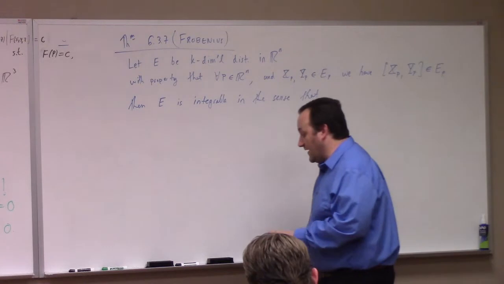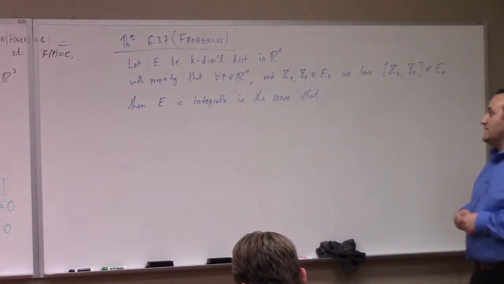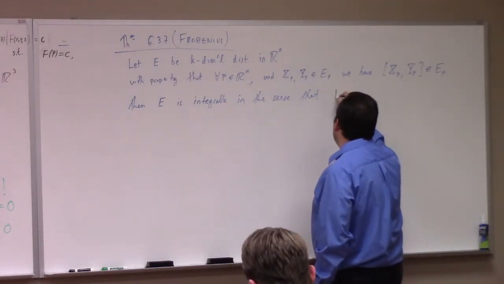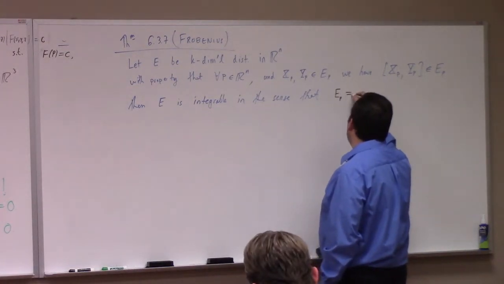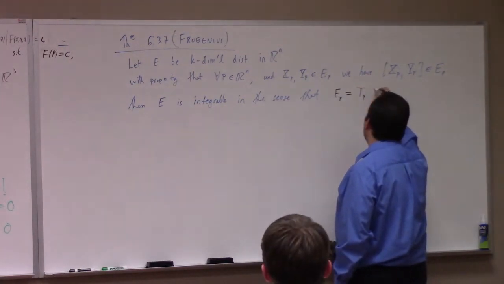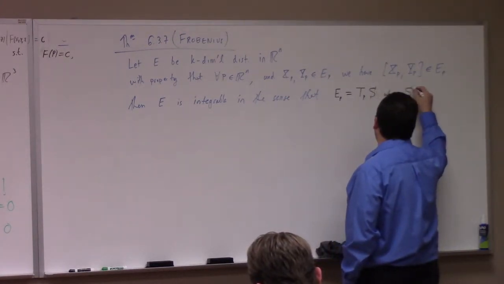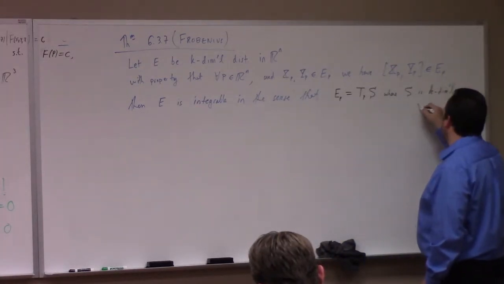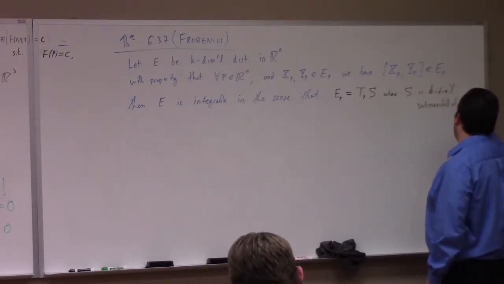I want to cut through that noise and write it more abstractly. E is integrable in the sense that E at a point p is the tangent space to S, where S is a k-dimensional submanifold of Rn.